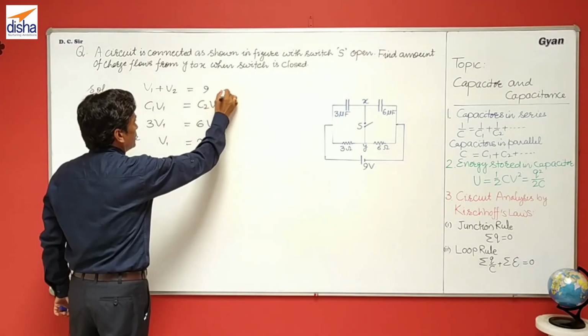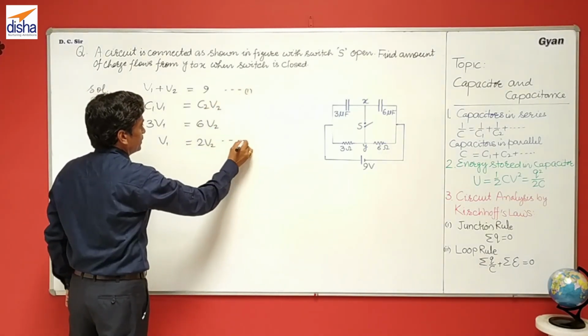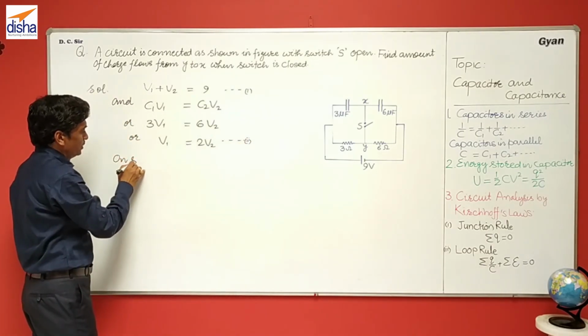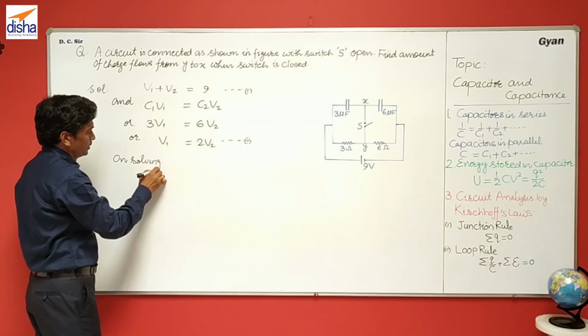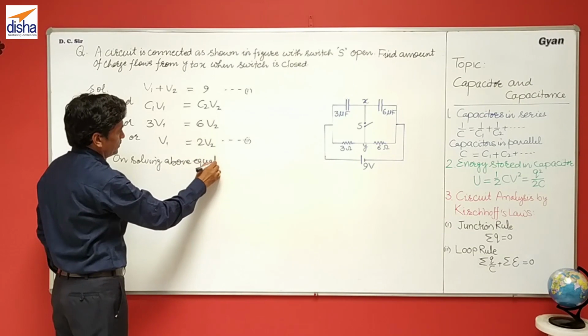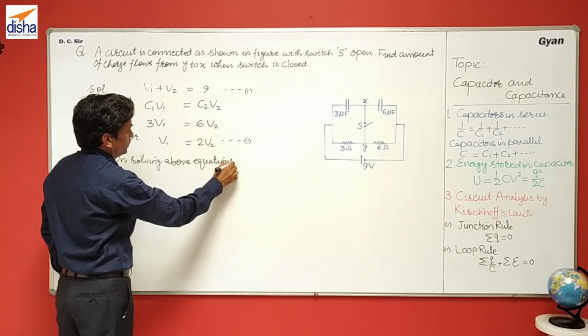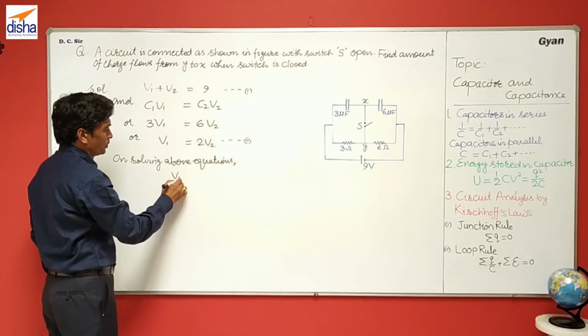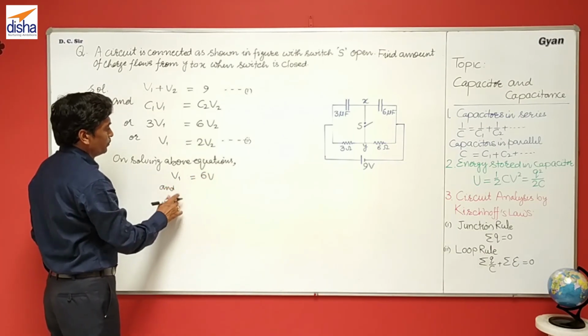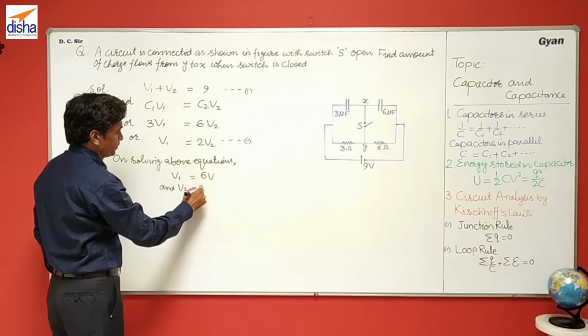Now solving the above equations, we have V1 is equal to 6 volt and V2 is equal to 3 volt.